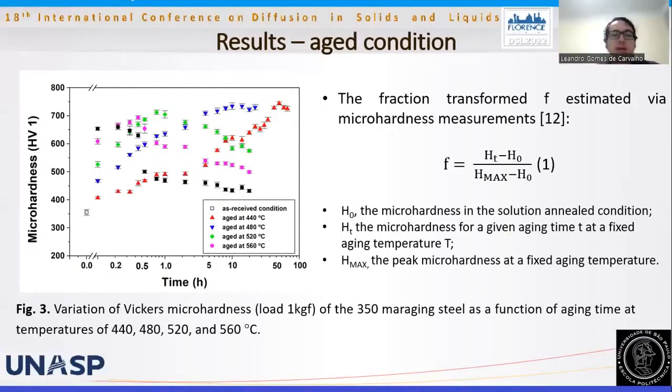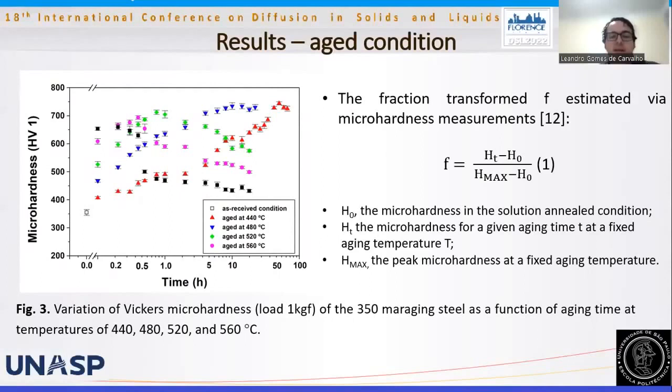Figure 3 shows that the variation in microhardness in the samples follows the typical behavior of an aging curve with a peak hardness, a hardness plateau, and another step for softening.